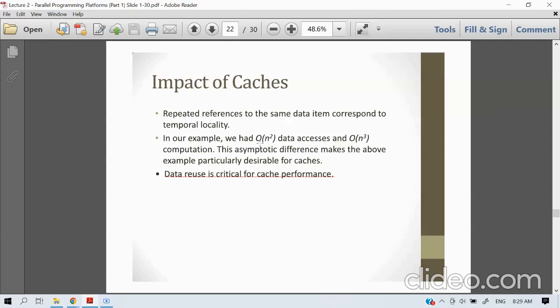This asymptotic difference makes the above example particularly desirable for caches. Data reuse is critical for cache performance. The cache is beneficial if we need to reuse the data more than once. Then the cache is very beneficial to the memory performance.